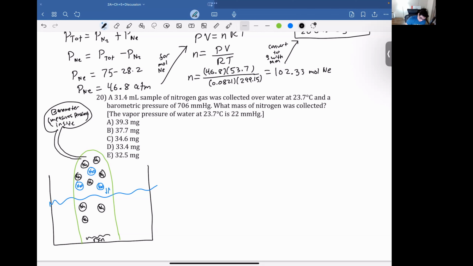So what you can do is you can say that the total pressure here, measured by the barometer, is equal to the pressure of the nitrogen gas in there, and you're assuming there's no other gas, plus the pressure of the water.